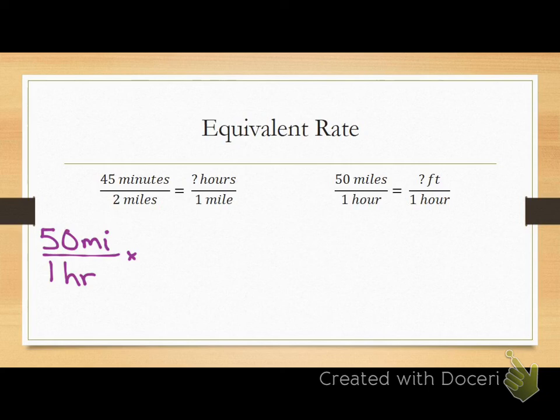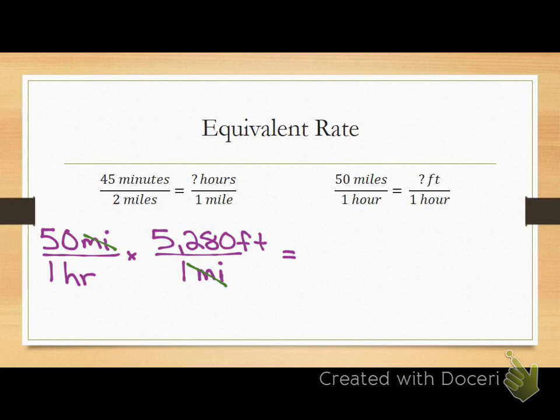Do we put feet over miles or miles over feet? Why feet over miles? Because my units have to cross-reduce. I have to be able to cancel out my miles. That's why it goes on bottom. That's how I know what goes on top and what goes on bottom.